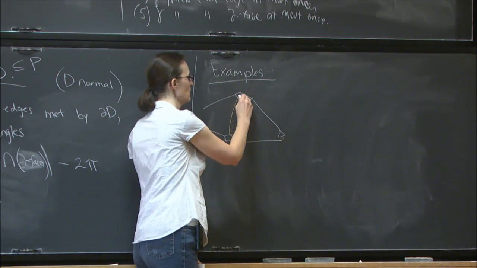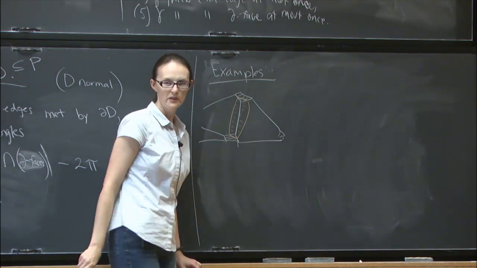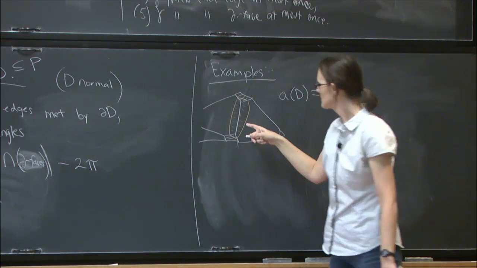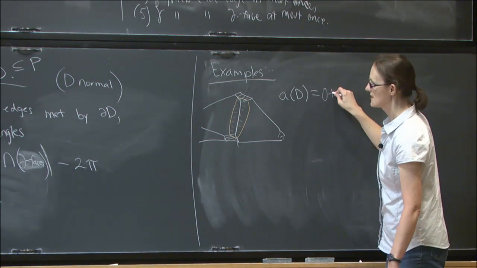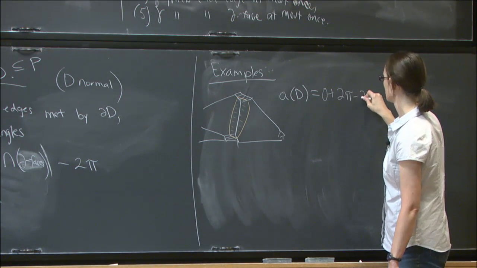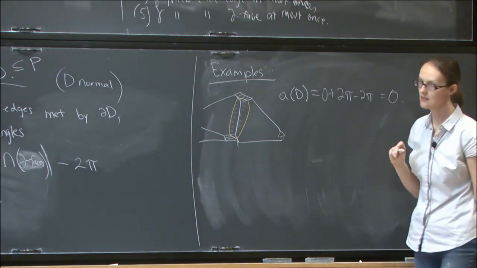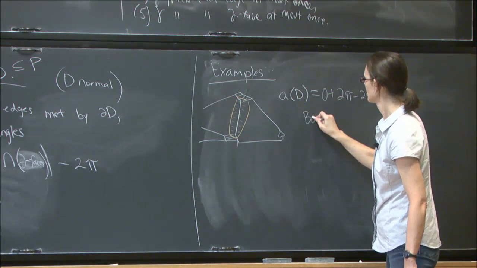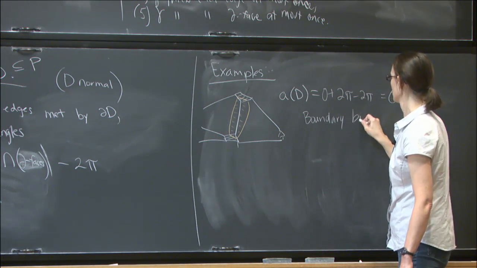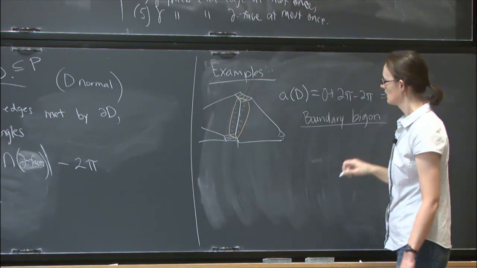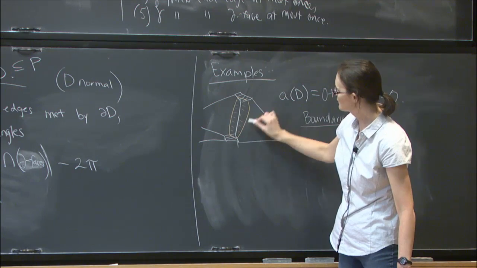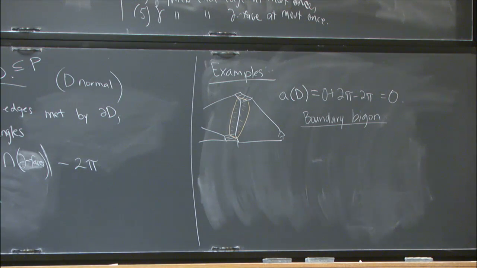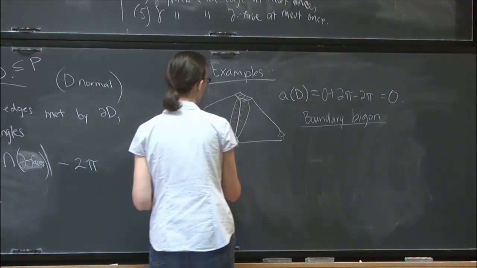It's meeting two boundary faces and no interior edges. And so the area of this guy is going to be 0 plus 2 times pi minus 2 pi, which is 0. So this is a 0 area disk. Okay, this is called a boundary bigon. It has, right, because the disk has 4 sides, but only 2 of those are in interior faces.